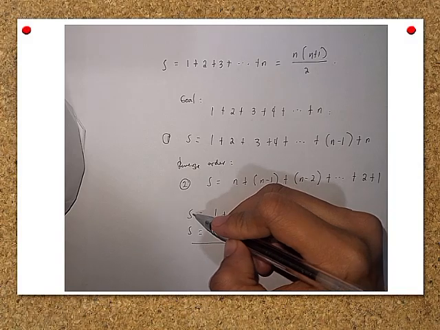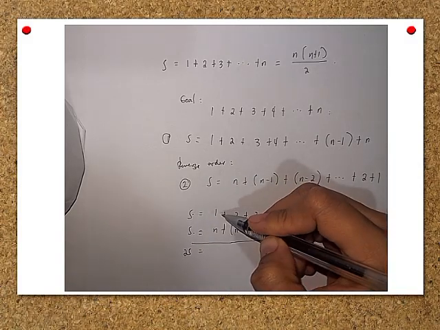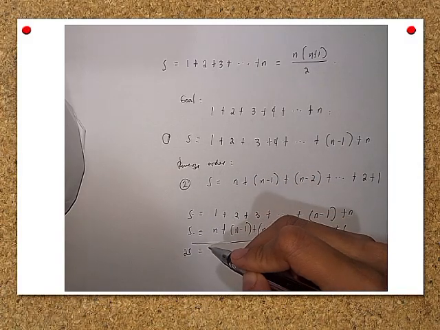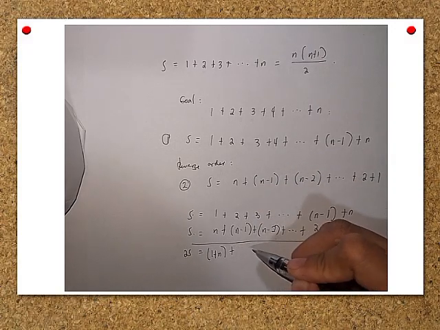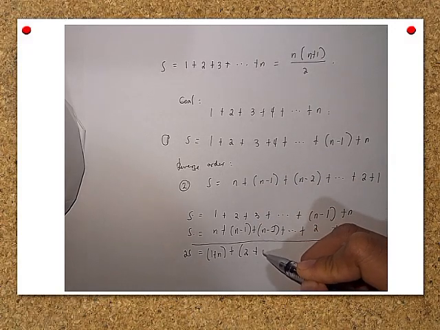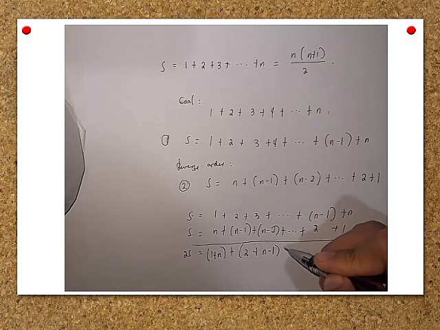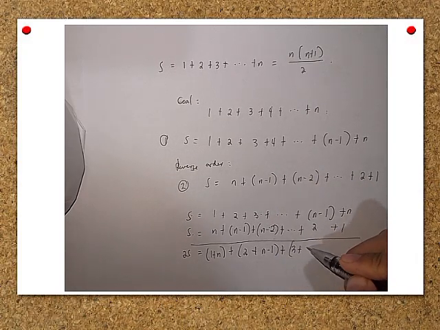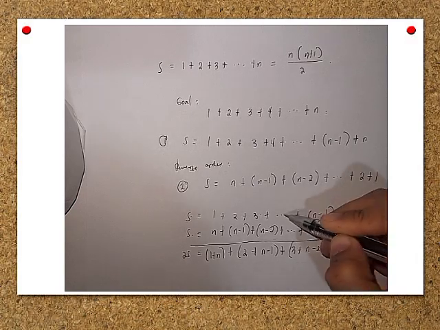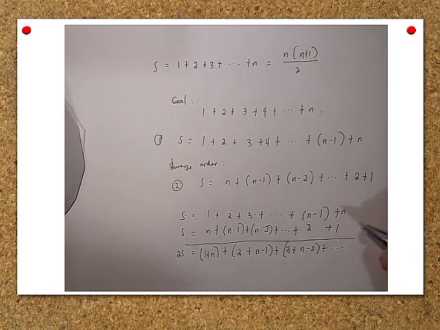So we have S plus S, which is 2S. Then 1 plus n gives 1 plus n, 2 plus n minus 1 gives n plus 1, 3 plus n minus 2 gives n plus 1, and so on, until n plus 1.